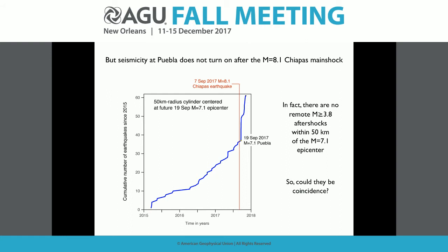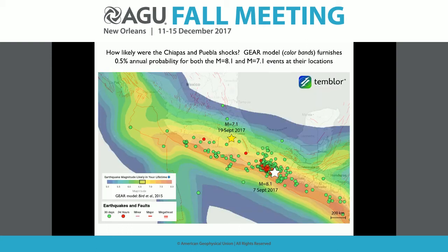So could it be a coincidence? That's the question. To calculate the probability that two events occurred within 11 days, we first employed the GEAR model, which stands for the Global Earthquake Activity Rate model, which furnished us 0.5 annual percent for both events at their locations.